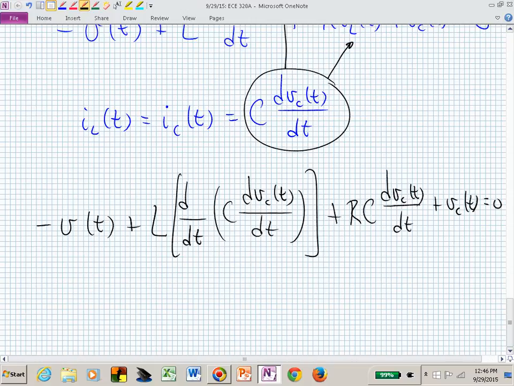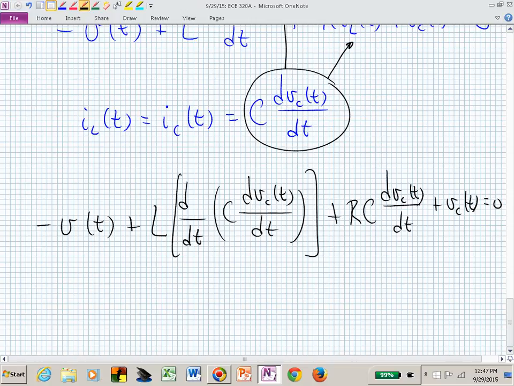I'm getting tired of doing the d by dt, so I may just use V sub C prime, or V sub C double prime when it's the double derivative. In this circuit, we are assuming our inductors, capacitors, and resistors are constant. They're not varying with time. They're time invariant. That C can be factored out of the derivative. And now I have one coefficient, which is LC. I have another coefficient, which is RC.